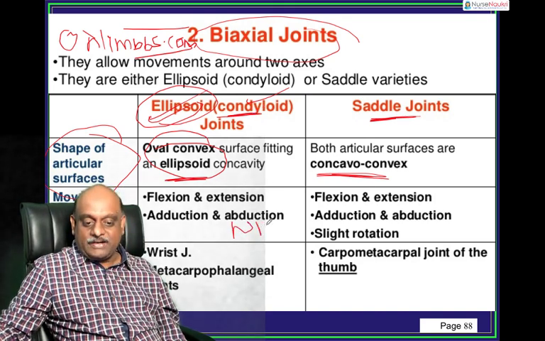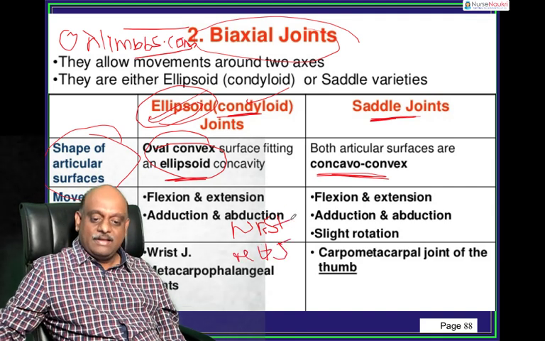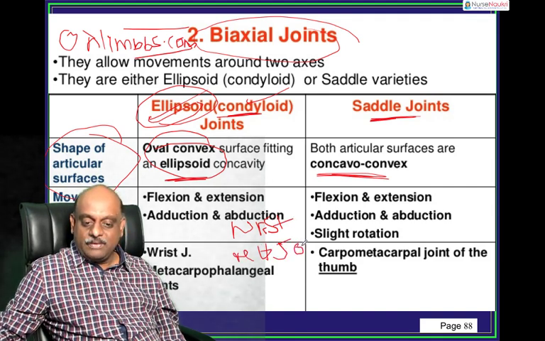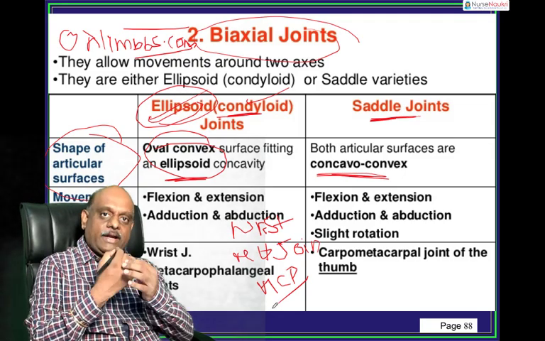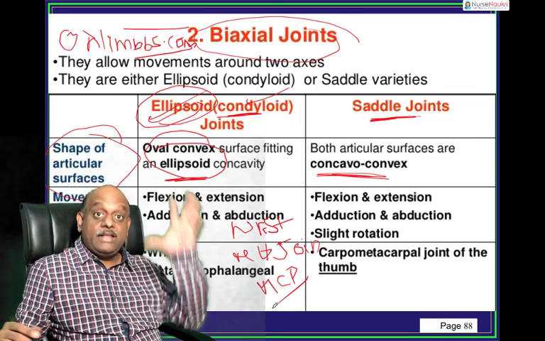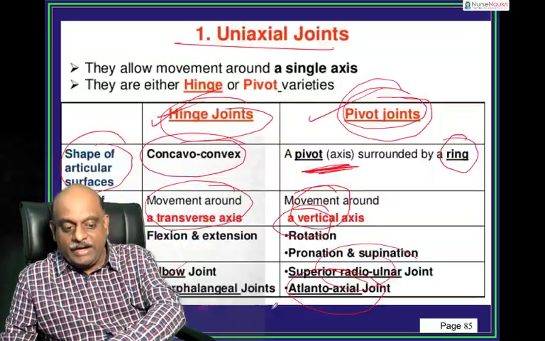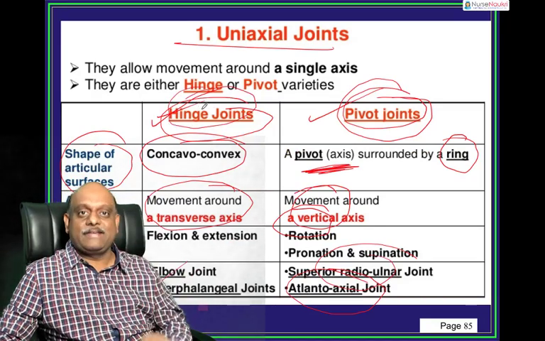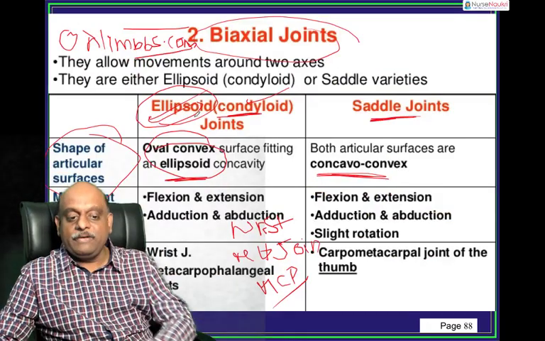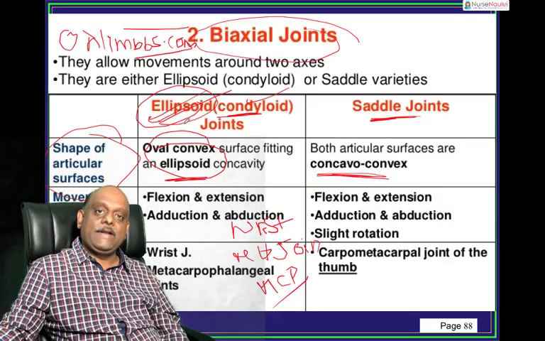Wrist joint and metacarpophalangeal joint, MCP, between the metacarpal bone and phalanges. Whereas the interphalangeal joint is what kind of joint? Once more, interphalangeal is a hinge joint, whereas metacarpophalangeal is an ellipsoid joint.